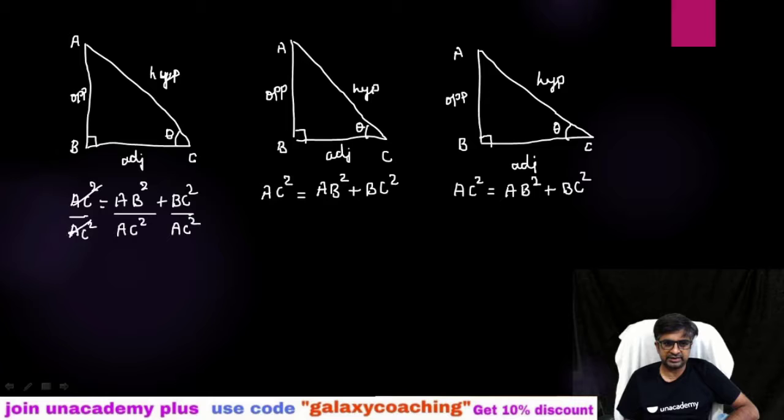Here AC square will get cancelled, so I will get 1 equals to. Now AB square by AC square. AB is opposite and AC is hypotenuse. So opposite by hypotenuse, the ratio is sine. Opposite by hypotenuse, that is sin square A, plus here adjacent by hypotenuse.